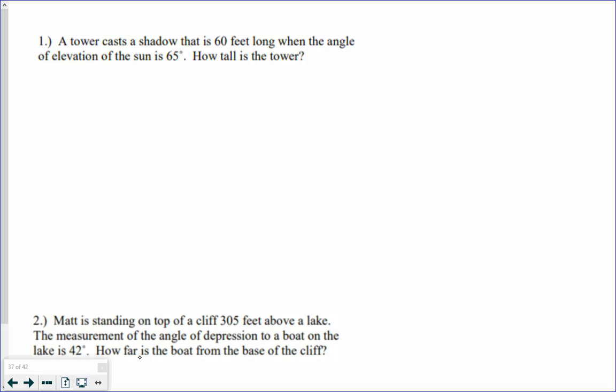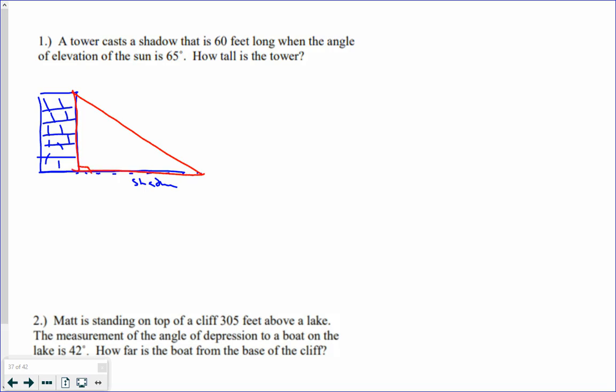So it says a tower casts a shadow that is 60 feet long with the angle of elevation of the sun is 65 degrees. So you've got this tower. Okay, so there's a tower, and it casts its shadow here. Here we can see this is our right angle triangle.